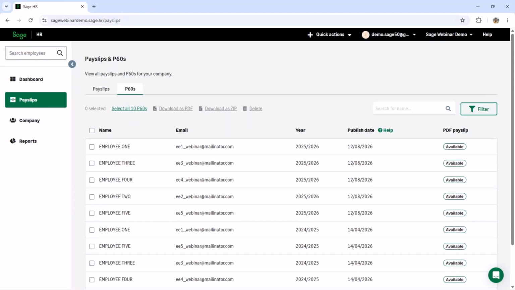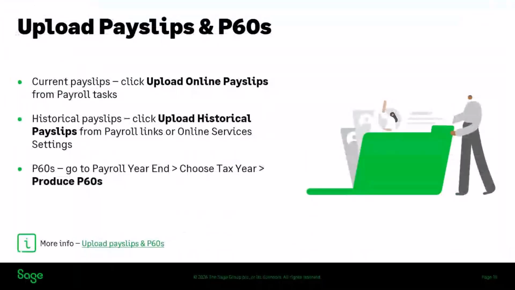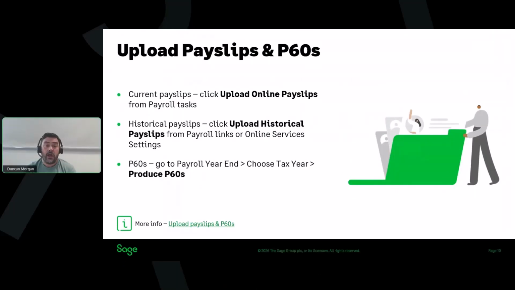So that is the basics of online payslips and P60s. Just to recap that information for you. When it comes to uploading current payslips, it's done as a pre-update task. Simply click the Upload Online Payslips option from your payroll tasks, and then you can set your publish date in the future if you need to.